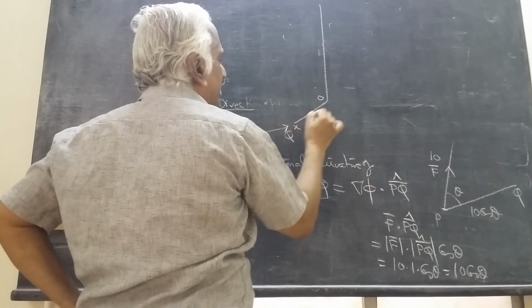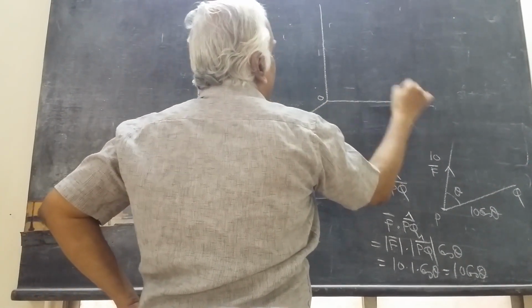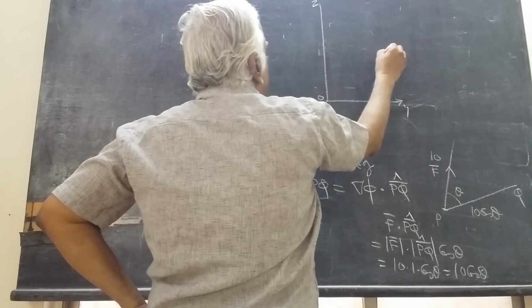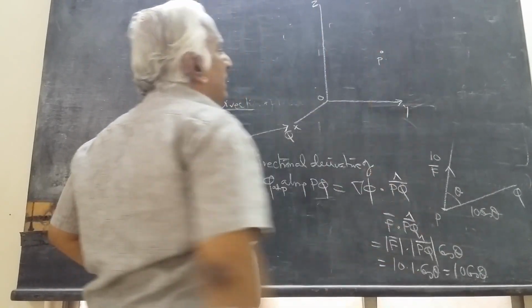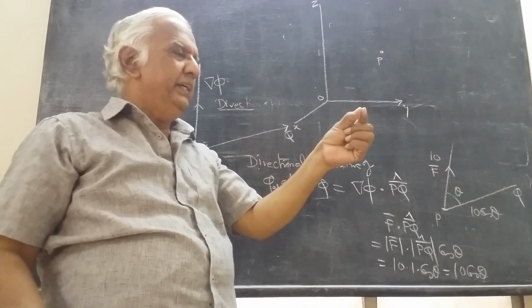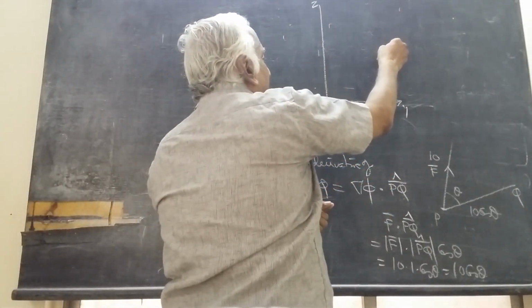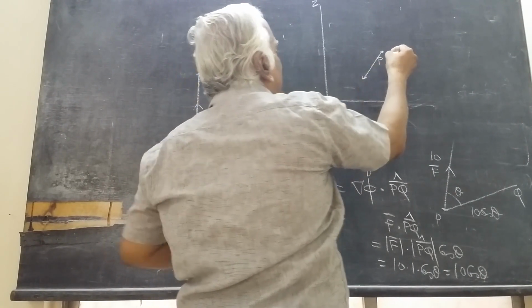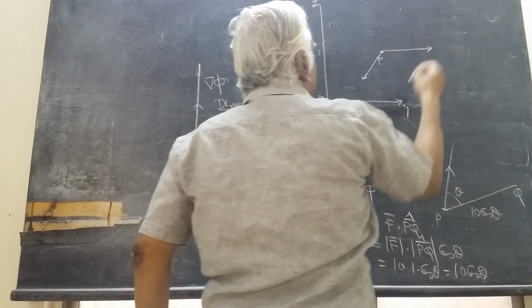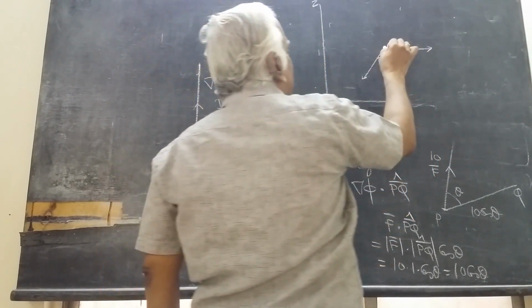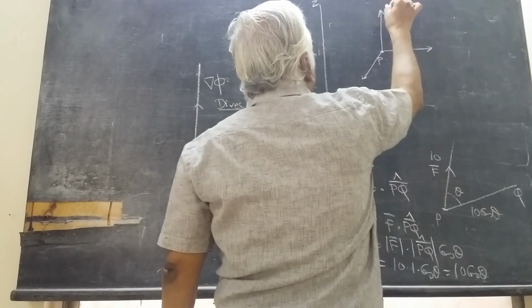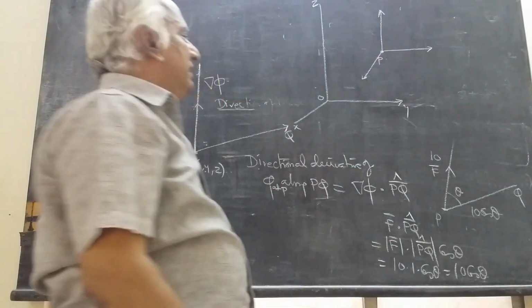This is the x-axis, this is the y-axis, this is the z-axis. This is the point P. At P along x-axis means at P, draw a line parallel to x-axis. Along y-axis, draw a line parallel to y-axis. Along z-axis, draw a line parallel to z-axis.